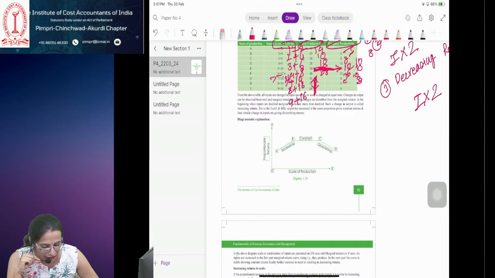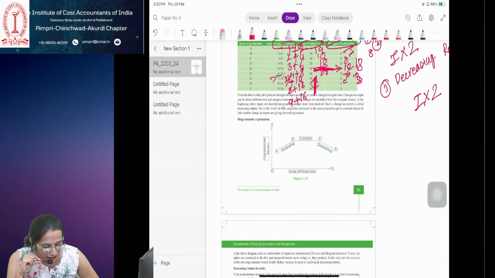Changes in output can be observed from total and marginal returns, and output changes are identified from the marginal returns. In the beginning, when the inputs are doubled, marginal returns are more than doubled. So what is it? Decreasing returns to scale, constant returns to scale, or increasing returns to scale? When the input is doubled, the output is more than double. What is it? Increasing, right? Such a change in the output is called increasing returns.